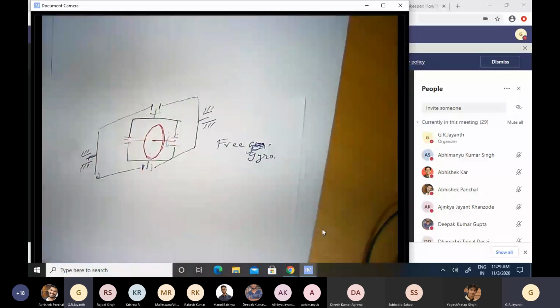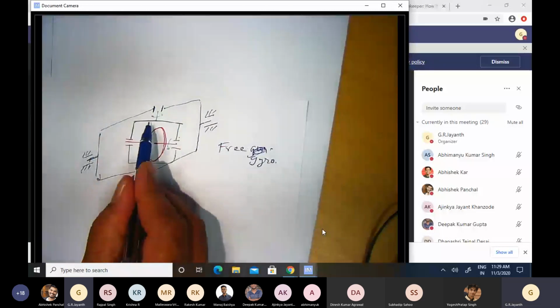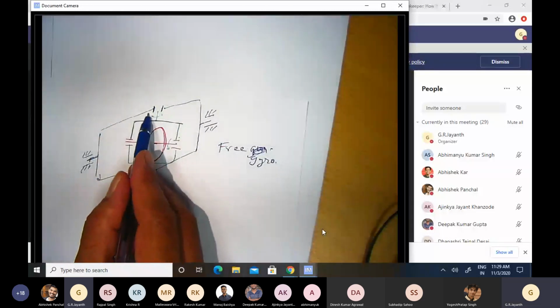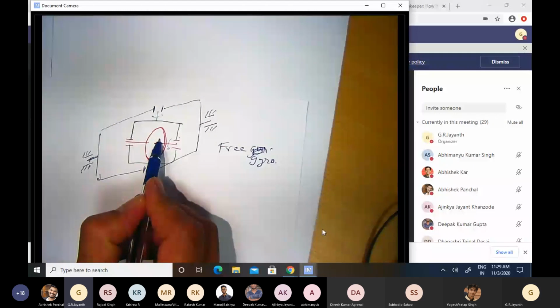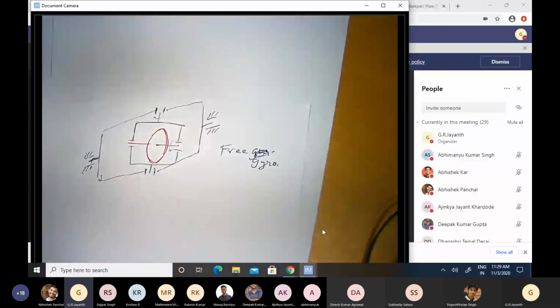So the angles by which each of these gimbals change with respect to the rotating wheel here can be used to predict the pointing direction of this object. Let us say I mounted this on an aircraft, and the aircraft is changing direction.